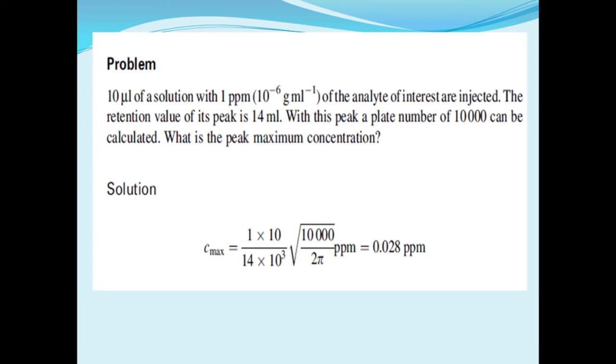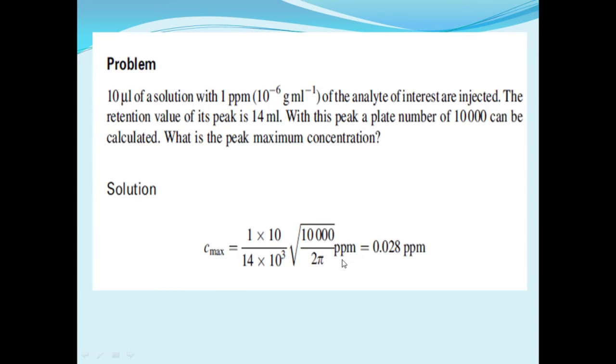Here Ci, that is injection solution, is 1, and Vi, injected sample volume, is 10 microliter, upon Vr. Vr is the retention volume. Retention volume Vr is equal to Tr into F, that is 14 into 10 raised to 3, into root of n, number of theoretical plates, 10,000 upon 2 pi.